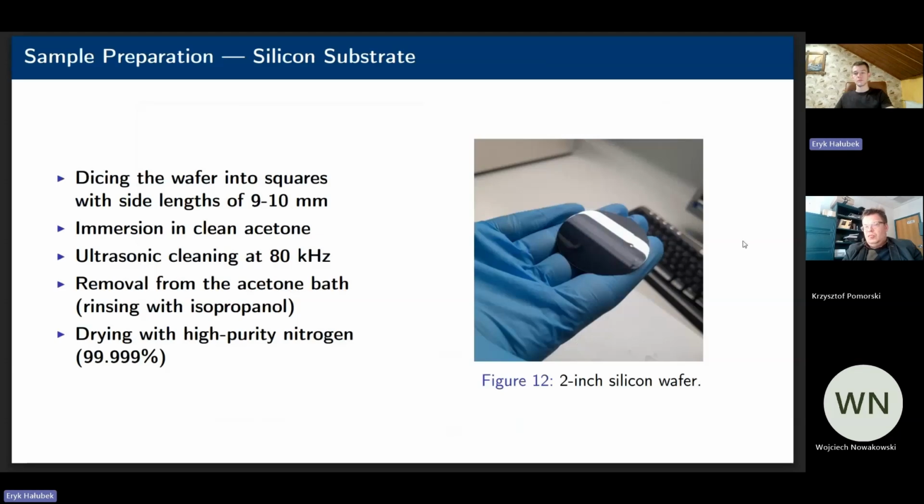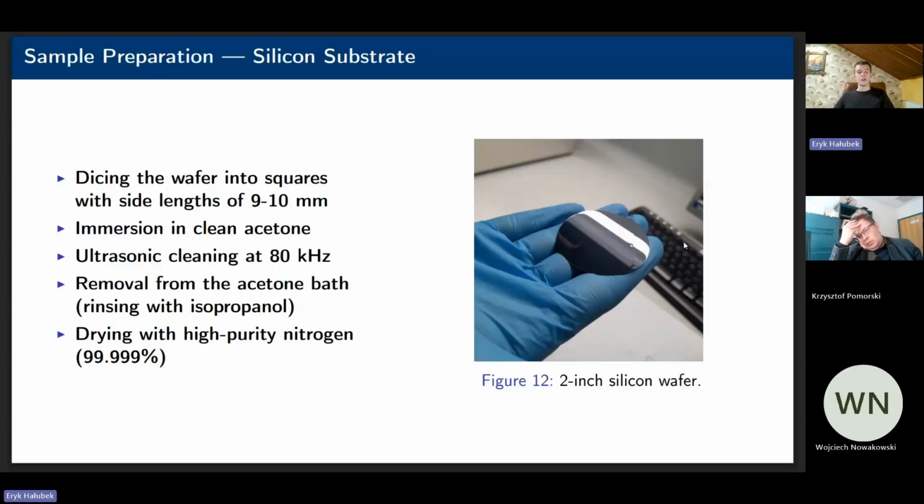Okay, and I wanted to talk especially about the sample preparation because that's what I'm doing right now, practically all the time. So the first step in sample preparation is to take such a silicon wafer and dice it into small squares that are approximately 10 millimeters of side length.